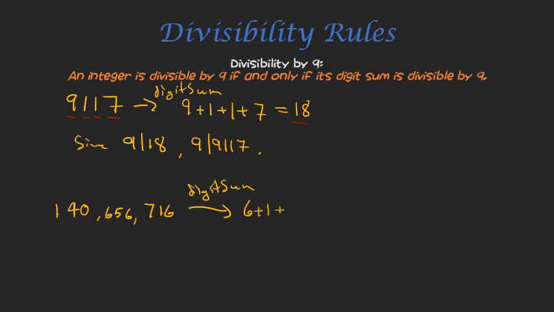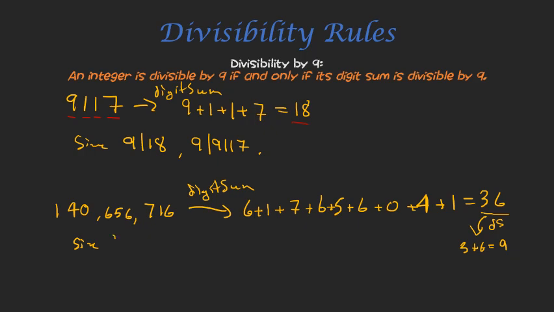This would be what? 6 plus 1 plus 7 plus 6 plus 5 plus 6 plus 0 plus 4 plus 1. So that's what? 5, 11, 16, 22, 29, 30, 36. And well, 9 times 4 is 36. And if we didn't remember that, we could do another digit sum. We could take a digit sum of this. 3 plus 6 equals 9.